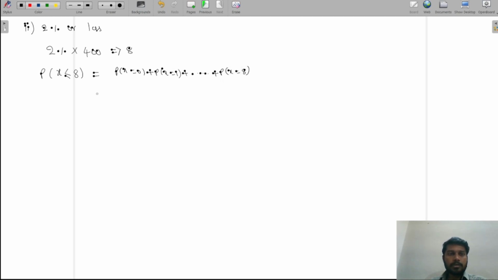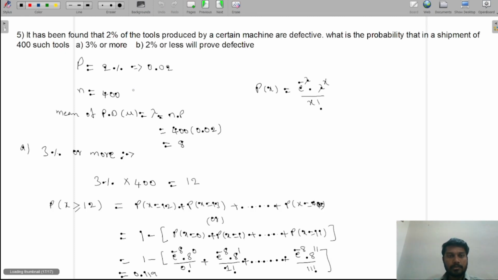Okay, so now I'm writing the Poisson distribution at every value of x. So e to the power minus lambda. What is the value of lambda as per the previous page? It is 8.